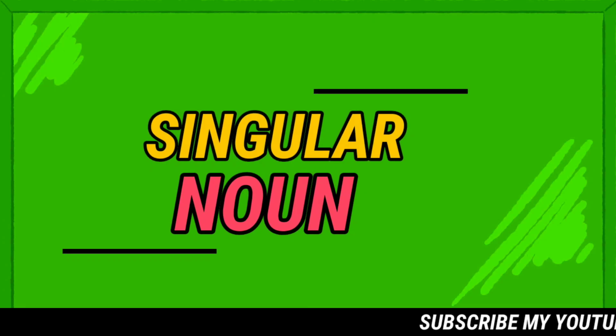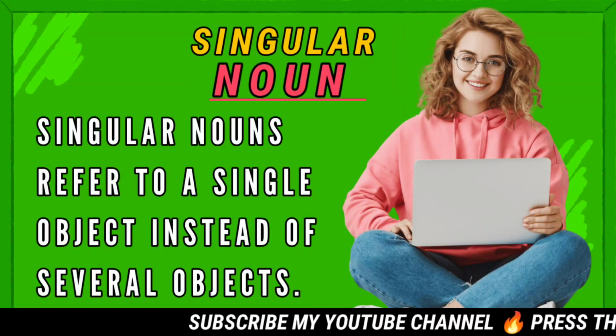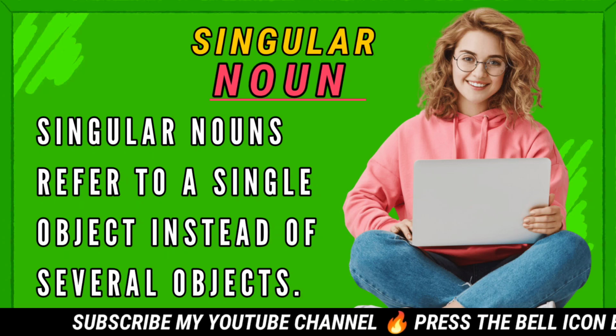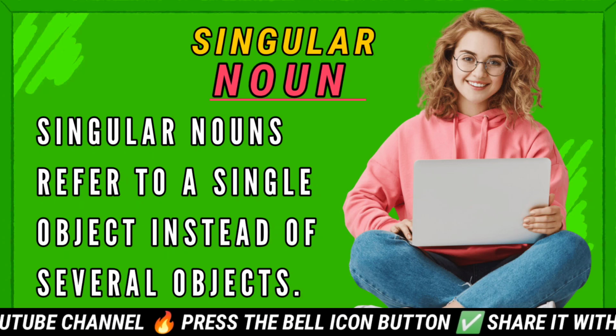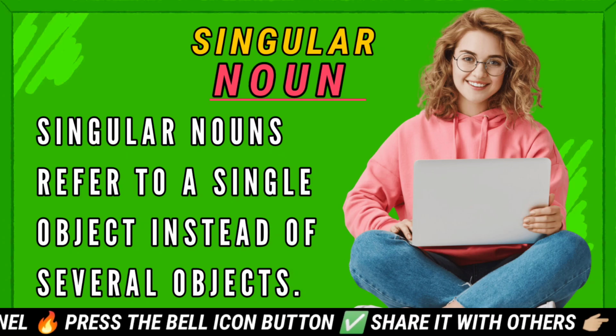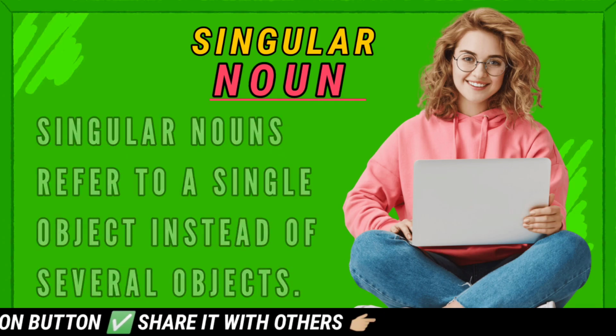So next one is singular noun. So what is singular noun? You have to understand it at first. Singular nouns refer to a single object instead of several objects. Let me show you some examples here.